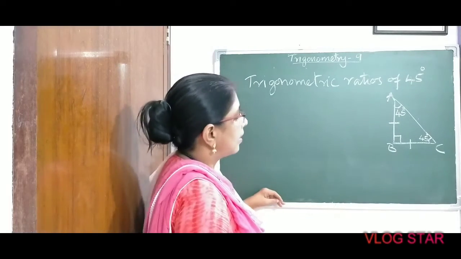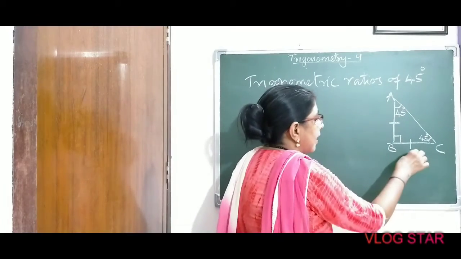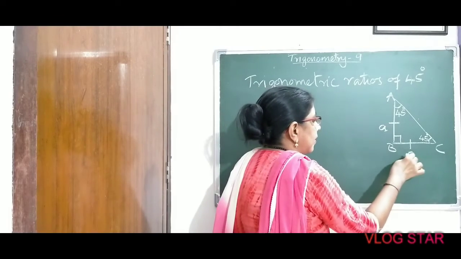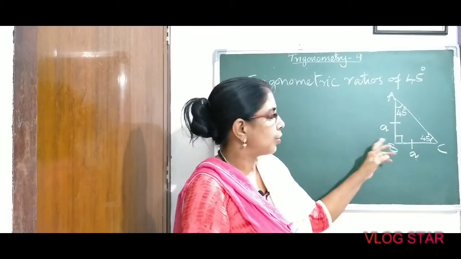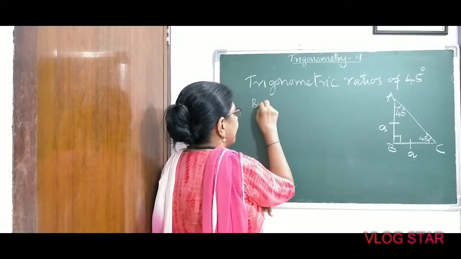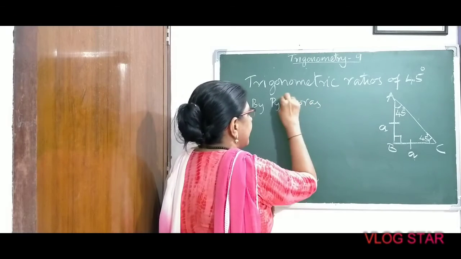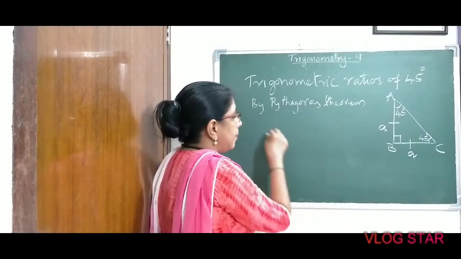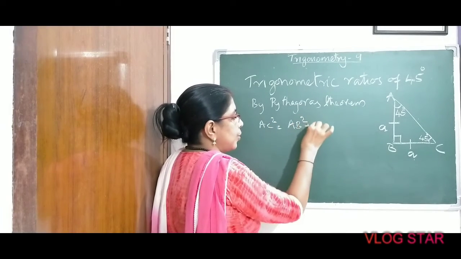Let these two sides be A and A. For finding the sine value, we have to find the hypotenuse first. Therefore by Pythagoras theorem, AC square is equal to AB square plus BC square.